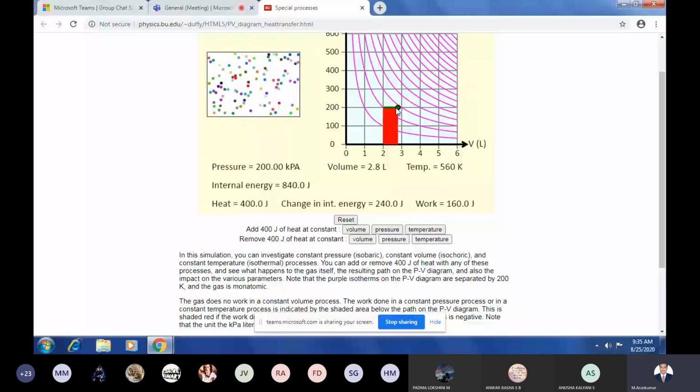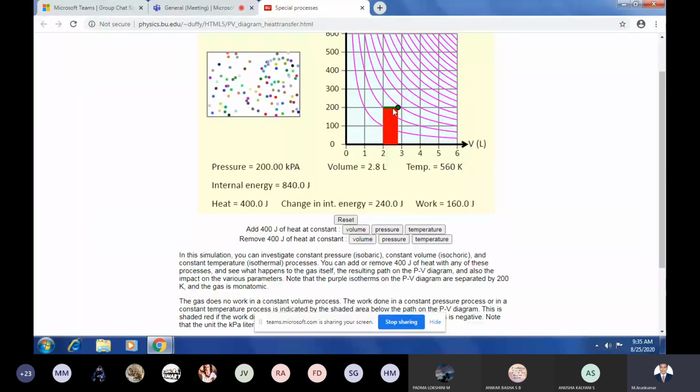We will discuss later what is a point function and what is a path function. This is one point, the initial state, and after the process, this is the final point. These are point functions. This is the path: the way the points are traveled from the initial point to the final point.